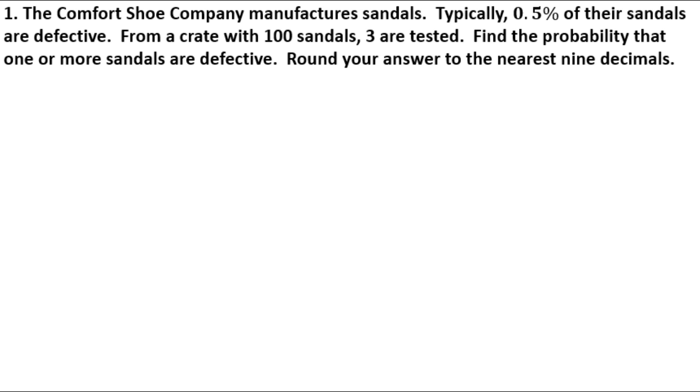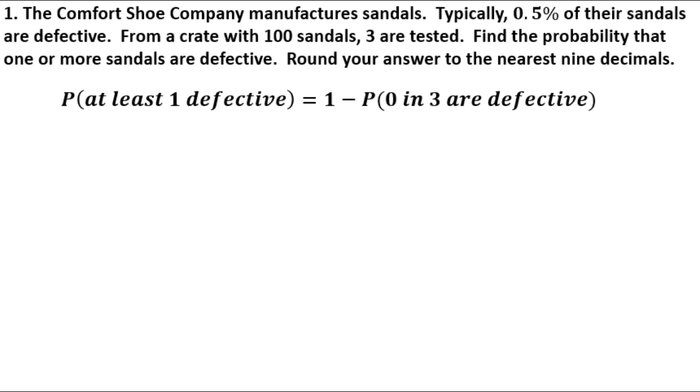There is a simpler way, a little bit easier way to do it, and that is if we can figure out what the probability is that none are defective, then subtract that from 1. So at least one that is defective is equal to 1 minus the probability that 0 of those 3 that are tested are defective.